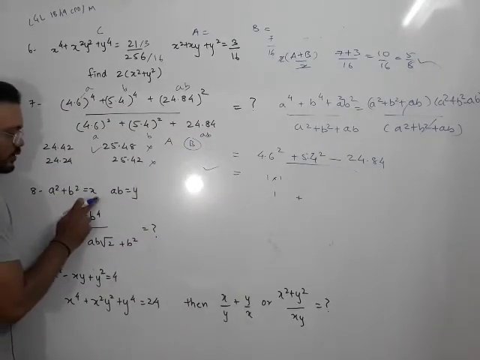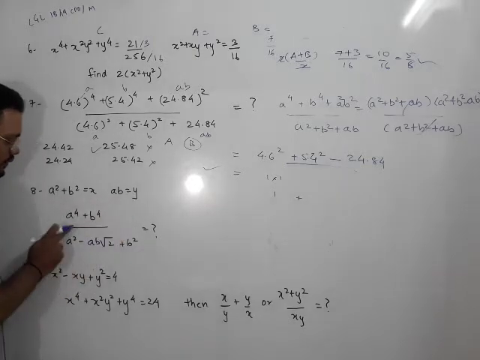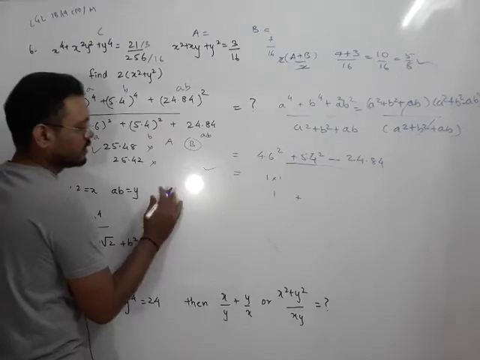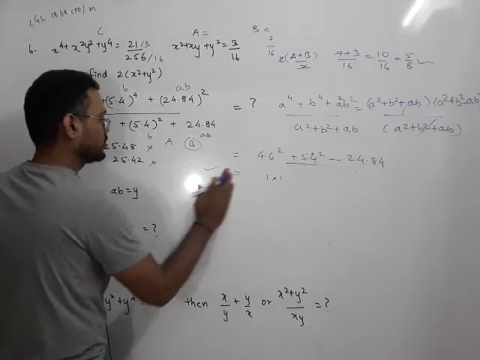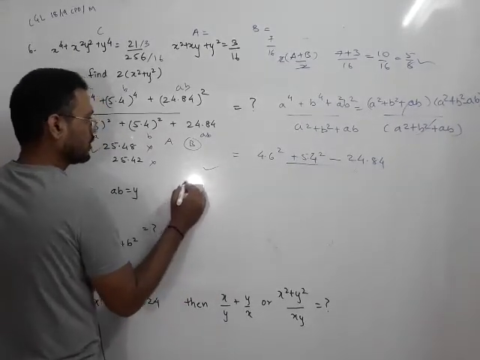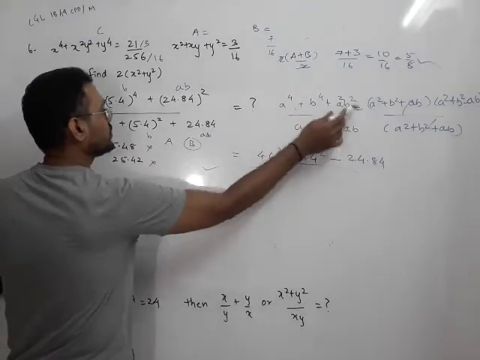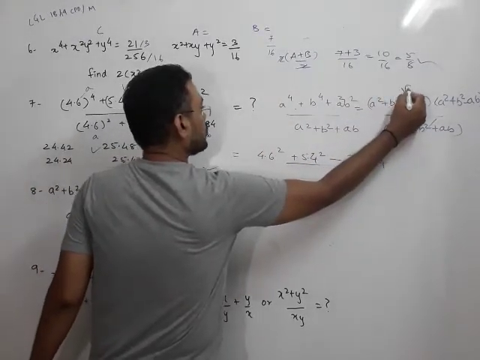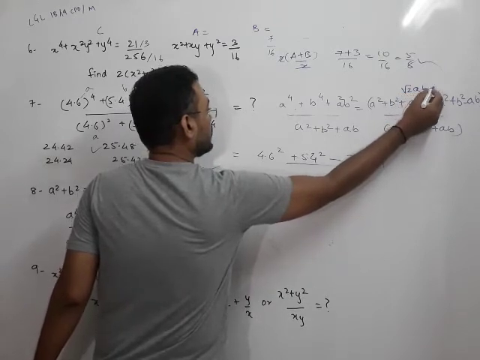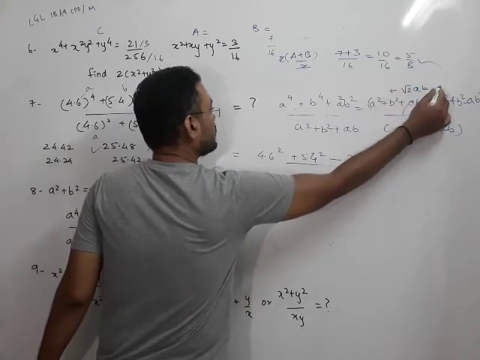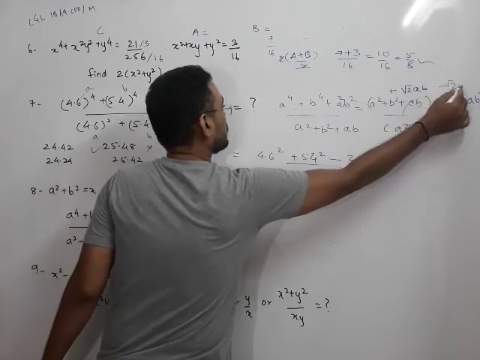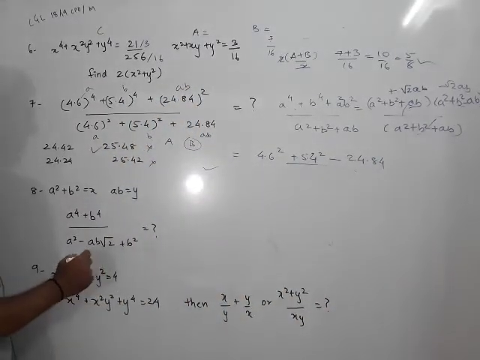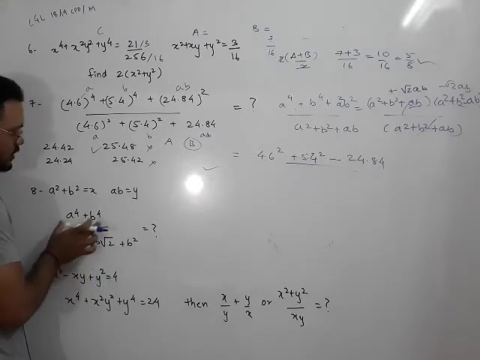Okay, next one. A square plus b square is x, ab is y. A raised to 4 plus b raised to 4 upon this. If you remember at the very first stage, we did that this is equal to this, and there was one more equation that it also means root 2 ab plus root 2 ab and minus root 2 ab instead of ab. So it is the same thing.